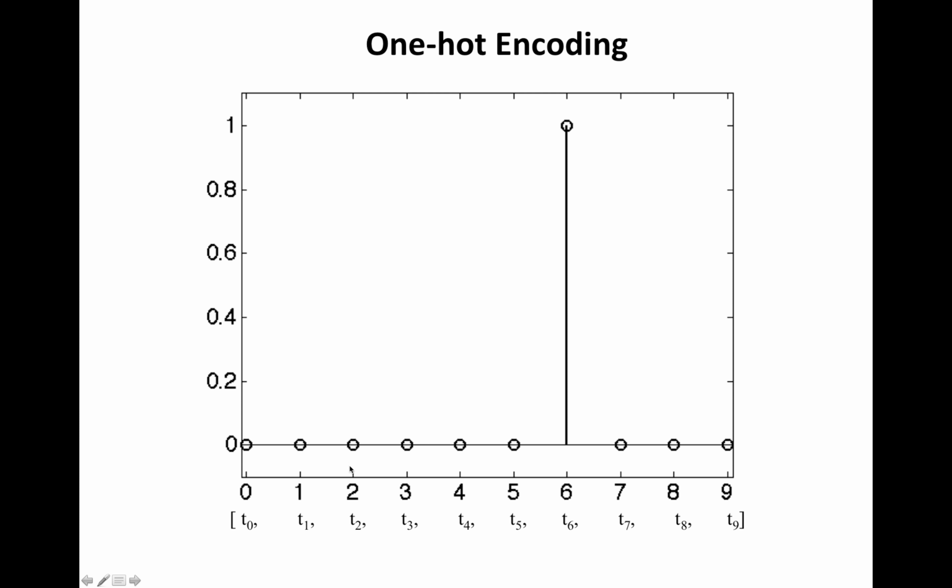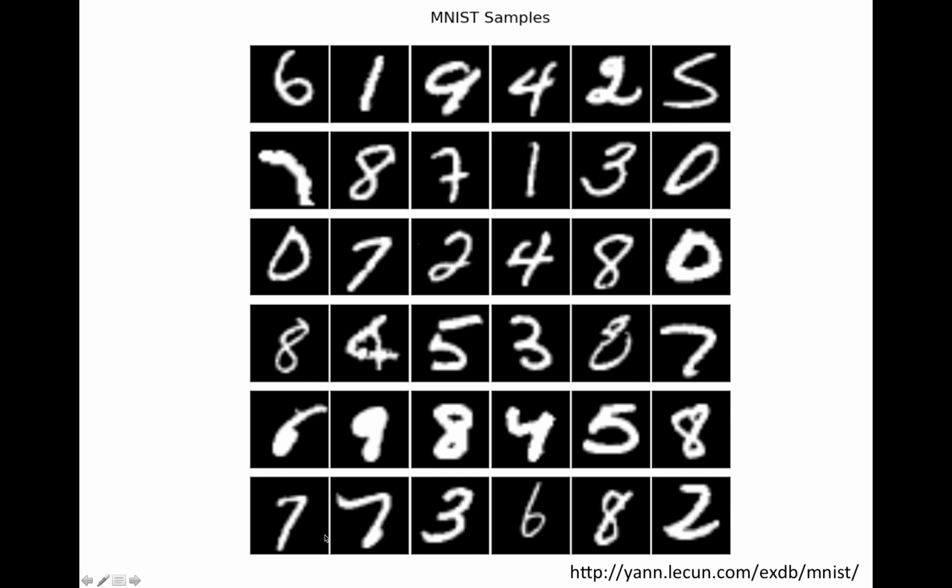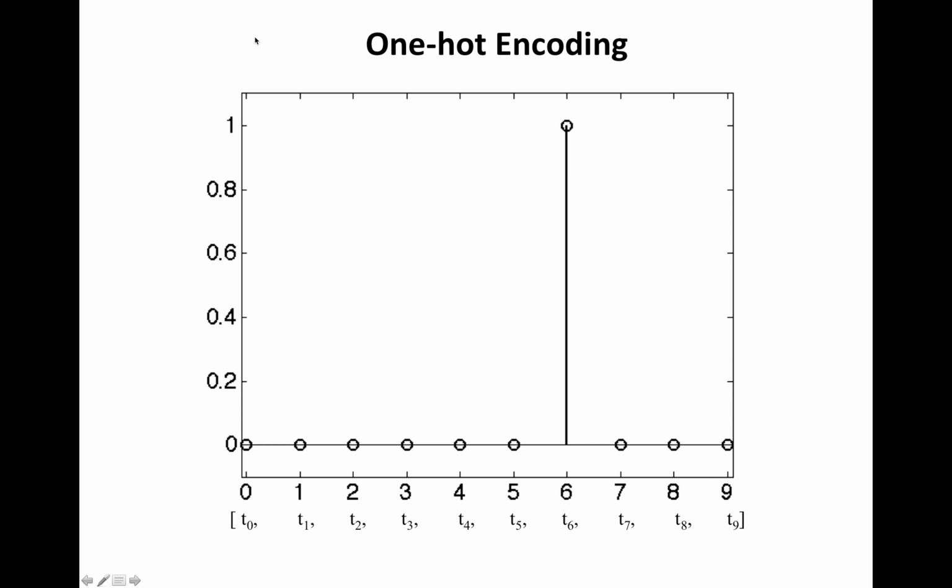And we denote the elements of this one-hot encoding vector as T, representing the ground truth, basically. Right? So for this particular input image, the ground truth is going to be this particular vector, with the 6th element being 1, and every other element of this encoding vector is going to be 0.